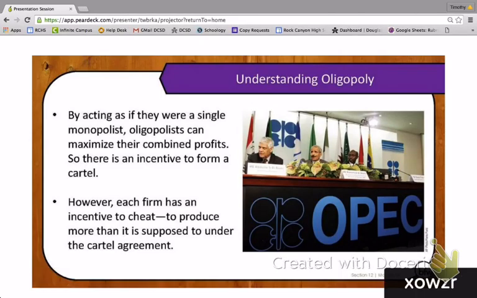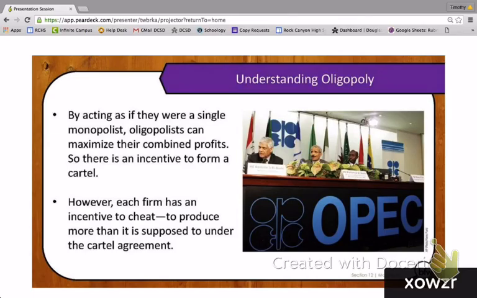Now, by acting as if they were a single monopolist, oligopolists can maximize their combined profits. So they do have an incentive to engage in collusive behavior or act like a cartel like OPEC is, because they can increase their profits together and get more like a monopoly profit.